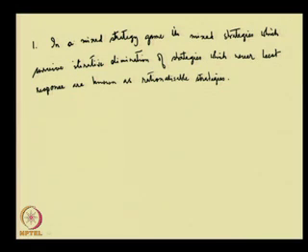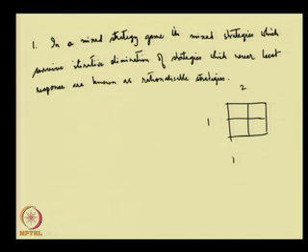In a mixed strategy game, the mixed strategies which survive iterative elimination of strategies which are never best responses are known as rationalizable strategies. So, we can give some examples. The strategies which are not best responses will be eliminated, and the rest will be considered as the rationalizable strategies.